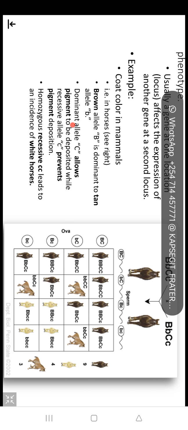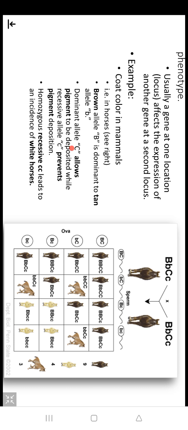That is one locus. We have another gene at another locus, or alleles at another locus, now C. A dominant C allows pigment to be deposited. That is this brown pigment, not the tan pigment. Its deposition will depend on whether the horse has the dominant C gene at that other location. So the dominant C gene allows the pigment to be deposited, while the recessive will prevent the pigment from being deposited.